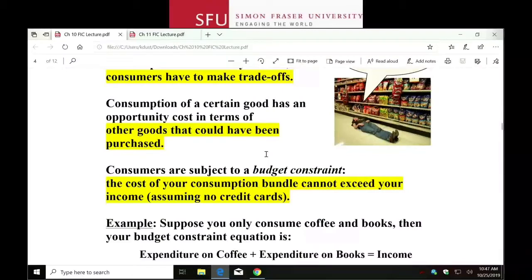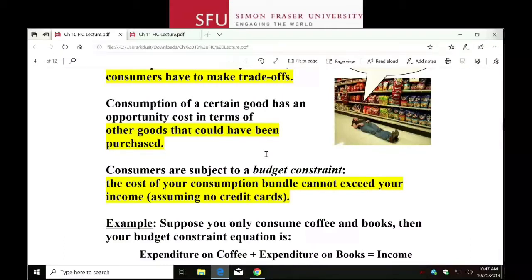We're making it simple by assuming people don't borrow money, and we'll go through a simplified example where a person is choosing between just two goods at a time. Here we have a person choosing to consume coffee and books, and they have to figure out how much they would like to buy of each one.